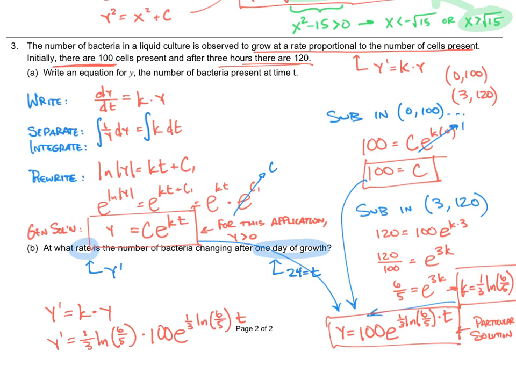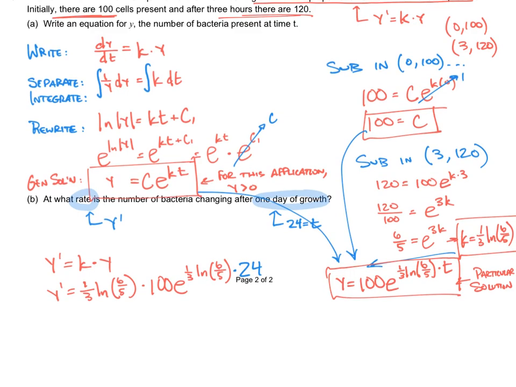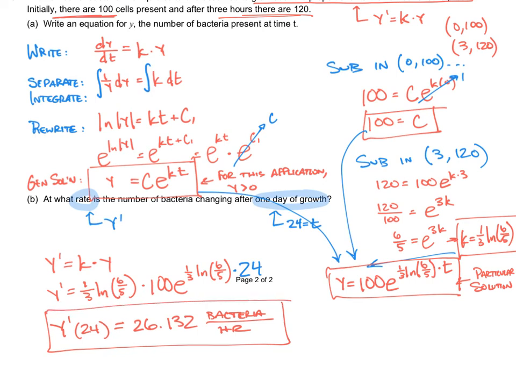So now what we need to do is just plug in our value of 24 for t and evaluate this expression to get an approximate answer. When we plug that in, we get a growth rate of about 26.132 bacteria per hour. That's the instantaneous rate of growth when t equals 24.